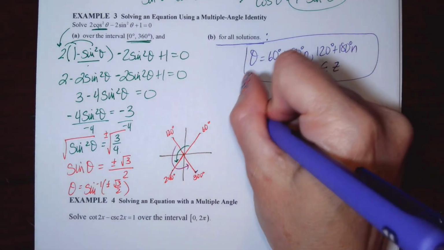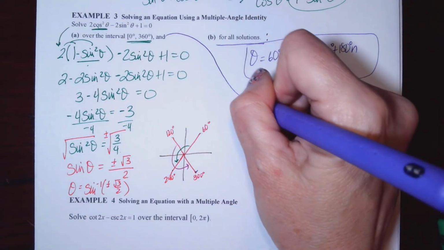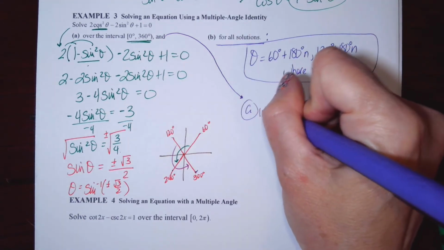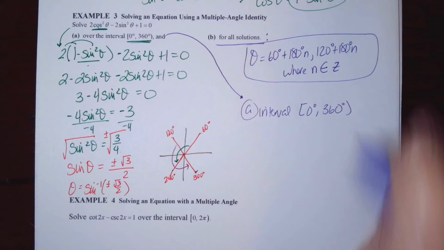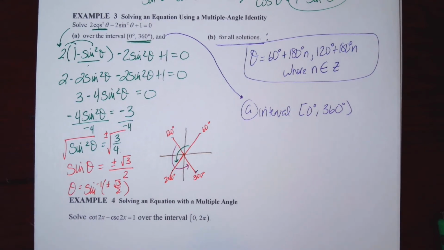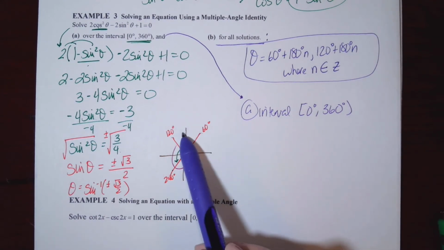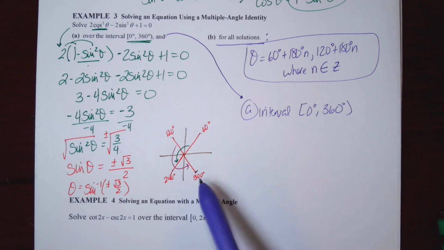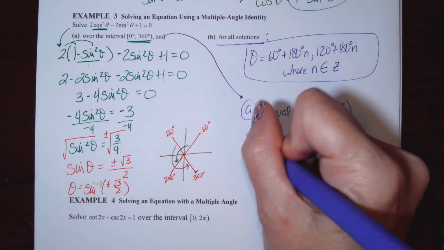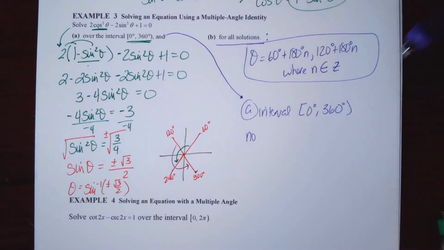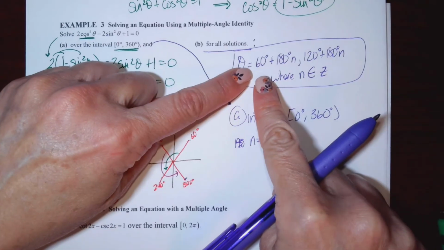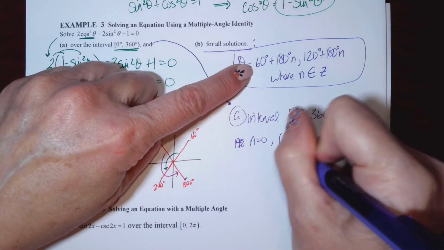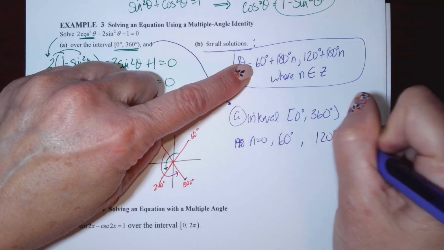When I go for A, my solutions within the interval 0 to 360. Well, I see right here looking at me, I have 4 solutions. Where n equals 0, based on how I set this up, I've got 60 degrees and I've got 120 degrees, right?